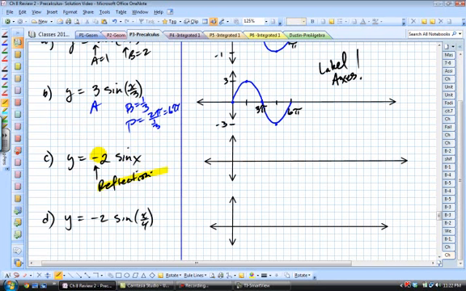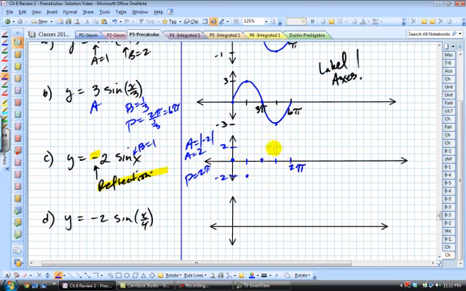Ooh, this is a reflection. Amplitude is 2, so amplitude is the absolute value of -2, which is 2. So here's 2, here's -2. Period is 2 pi, because b is 1. So go 1, 2, 3, 4, put 2 pi here. Now instead of going up and back down, we've got to reverse that.